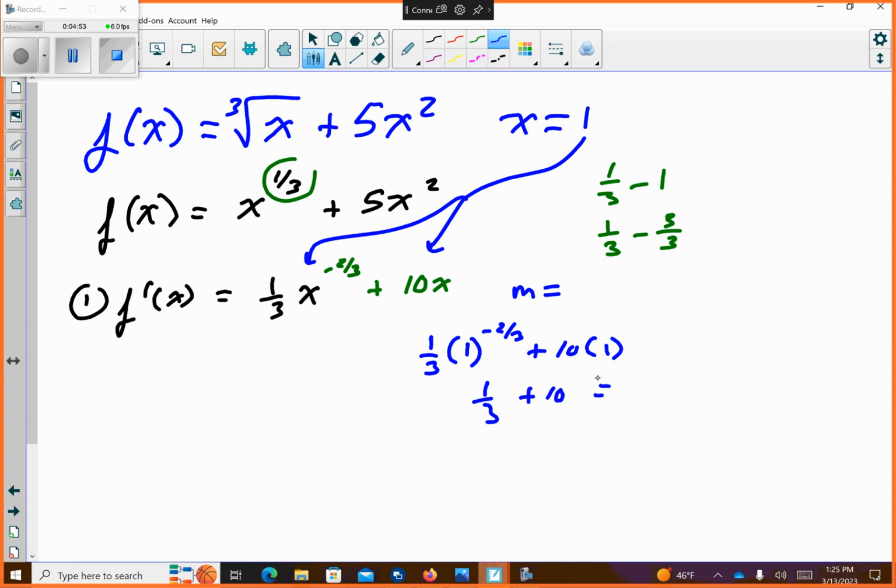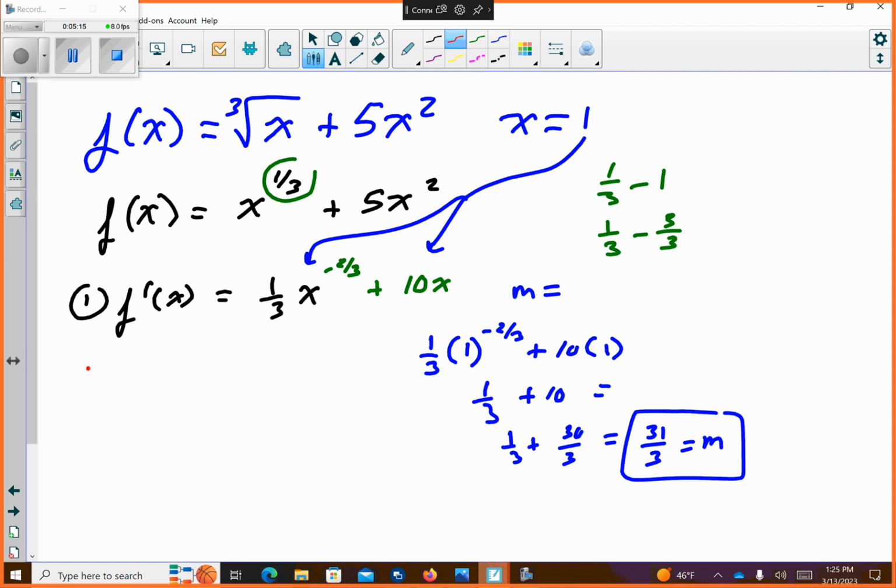So that's going to give me 1/3 plus 30 over 3. So my slope is going to be 31 over 3. That's my slope. Is that okay? I hope my arithmetic's right, but I can't guarantee it.